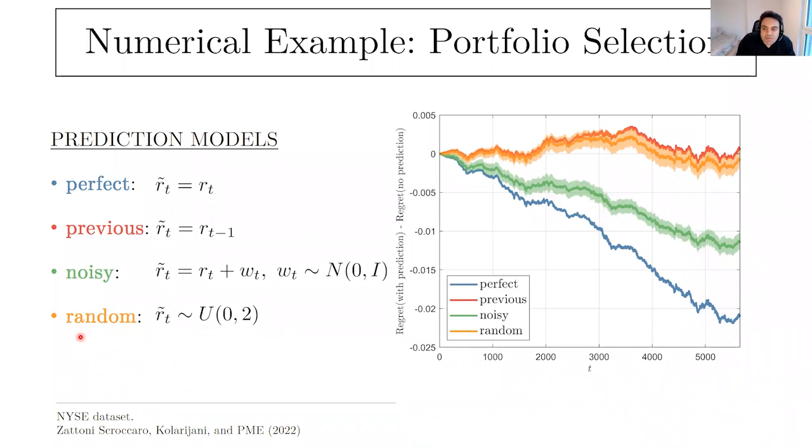The second observation is a kind of cheating, but it's interesting to see how it works. The green one. What is the green one? The green one is that, okay, we cheat, we look at R of T, which is the current rate of return, but we put an unbiased noise on top of that. So it's, let's say, an unbiased prediction of the rate of return.